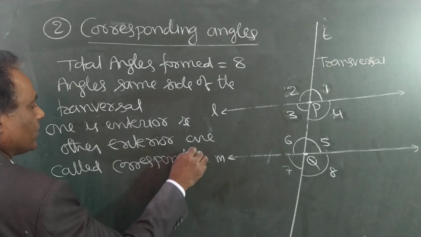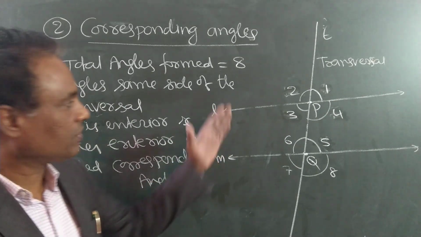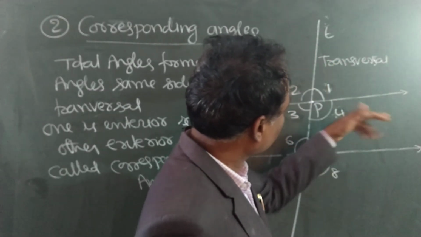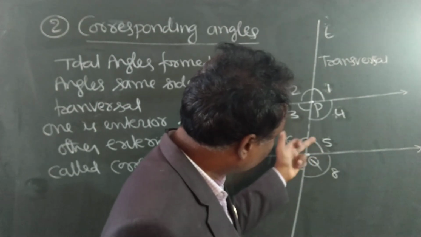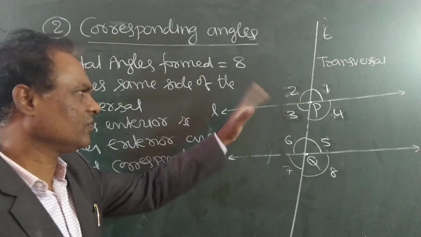Very, very important point. Corresponding angles means same side of the transversal, one is exterior, one is interior. 1 and 5 are corresponding angles, like that. I will explain which are the corresponding angles.